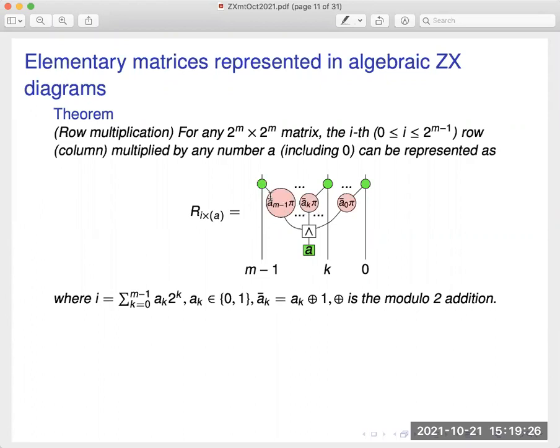And then on the bottom, since you multiply by A, you put A here. This is the green spider with just one leg. Okay, so you can see it's a simple diagram.